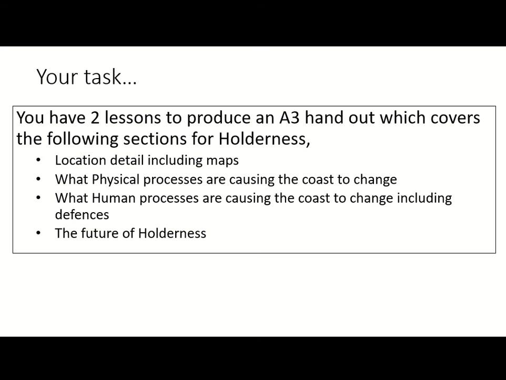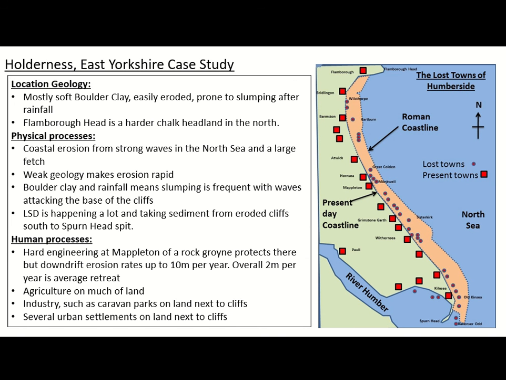But I've also got a starting point which I want the bare minimum everyone to have, and that is here. So this is my half summary for you about the geology of Holderness, a map location, physical processes that are causing it to change, and human processes. Now, if this is all you do, just copying this out, then that's okay. You're not going to get in trouble if you haven't added extra stuff.